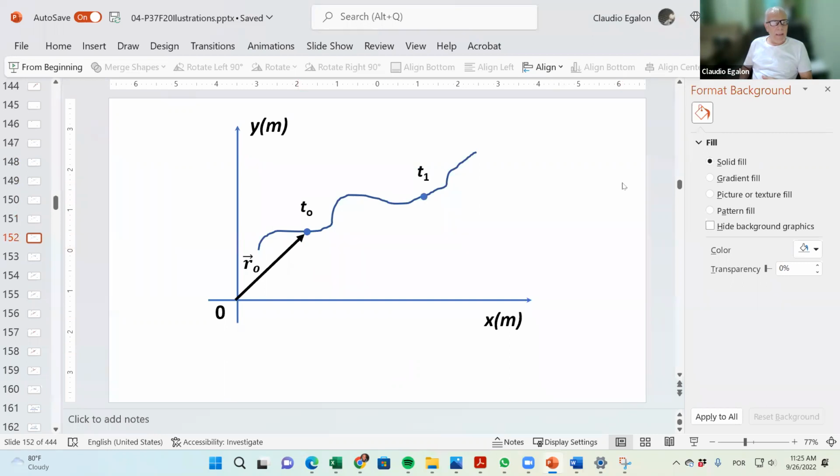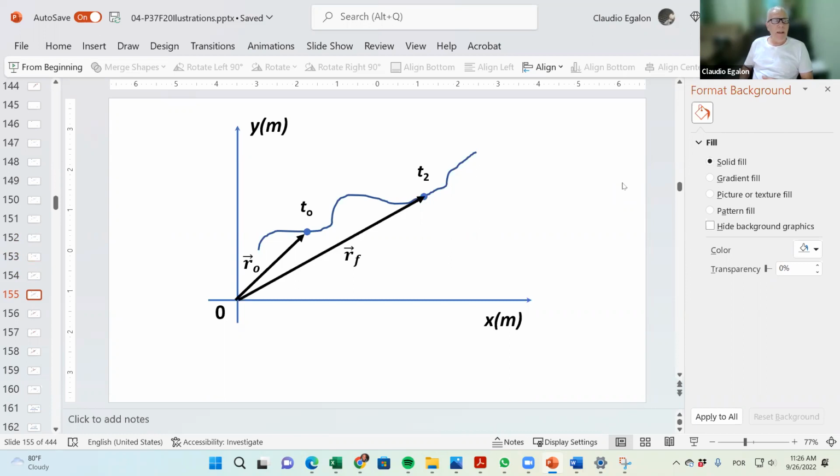Then at a later instant of time, t1, the particle moved elsewhere. This position can be illustrated by the coordinates x1, y1, which can also be illustrated by a vector. This vector I call the final position vector.